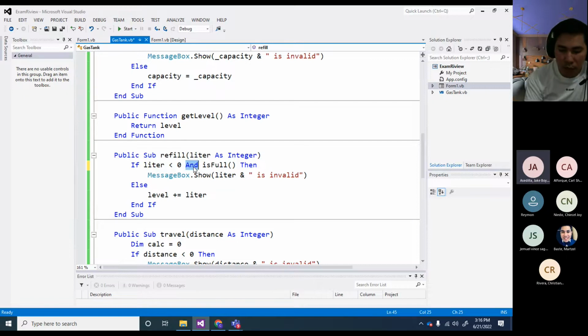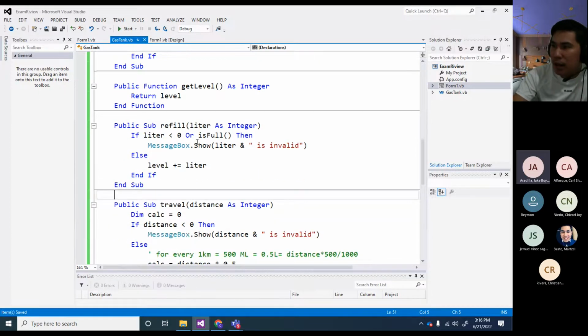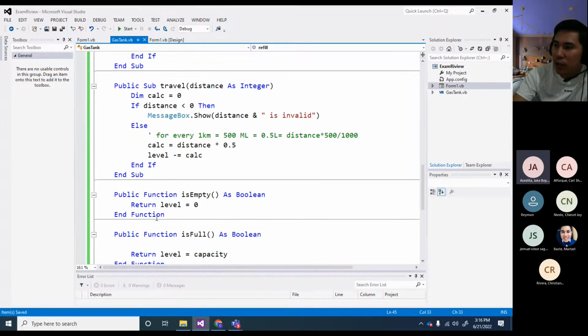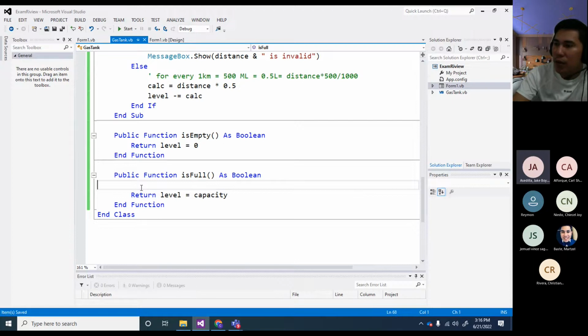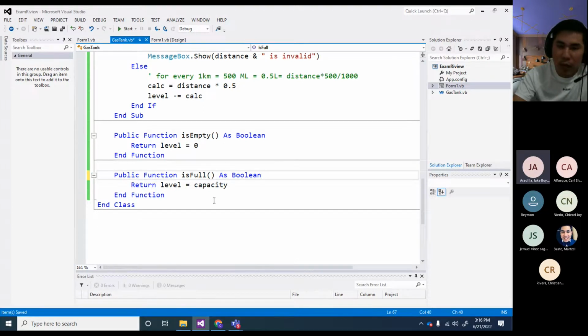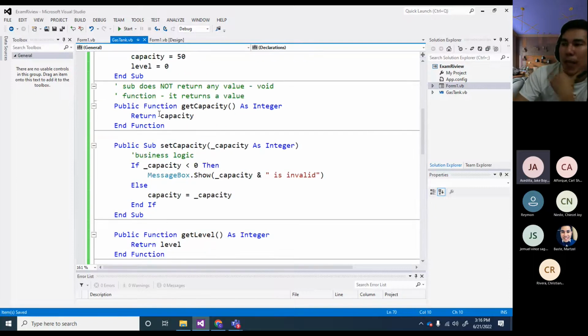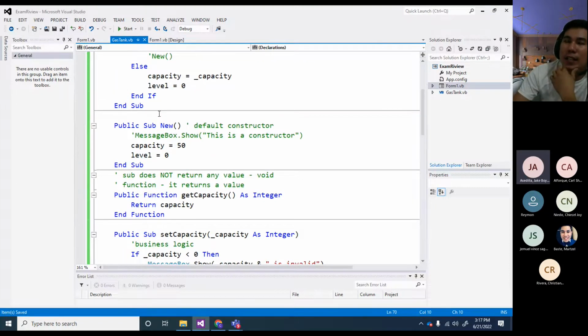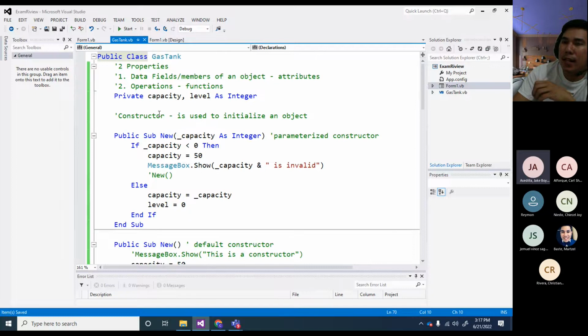If true, or, it should be, because either it's full or it's less than 0. So, you can recycle your methods or your functions. You call is full, so it checks whether your level is already equal to capacity. Ayan, so that is how encapsulation is implemented in VB.NET.